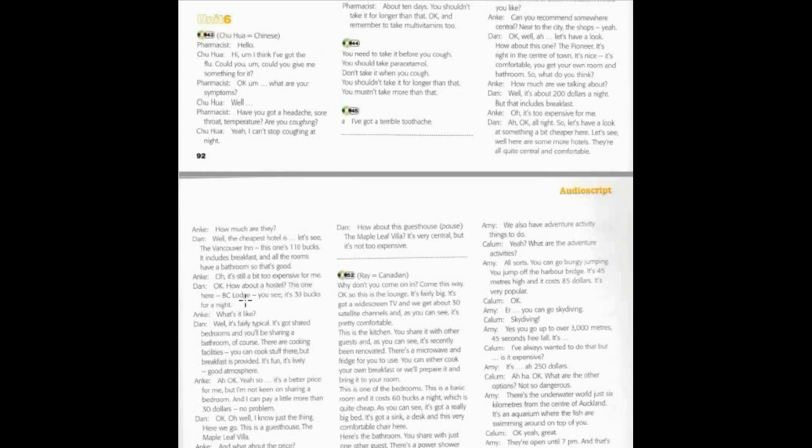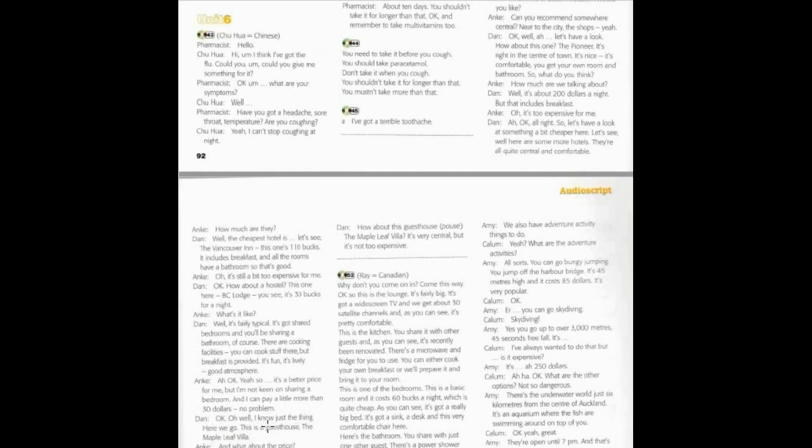This one here, BC Lodge. You see, it's $30 for a night. What's it like? Well, it's fairly typical. It's got shared bedrooms, and you'll be sharing a bathroom, of course. There are cooking facilities. You can cook stuff there, but breakfast is provided. It's fun. It's lively. Good atmosphere. Okay, so it's a better price for me, but I'm not keen on sharing a bedroom. And I can pay a little more than $30. No problem.